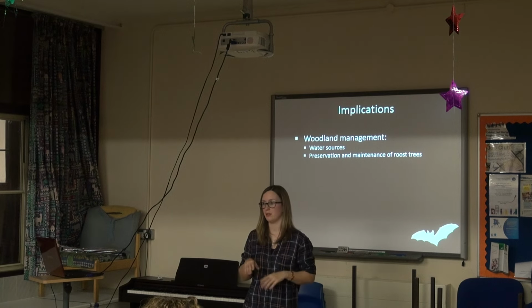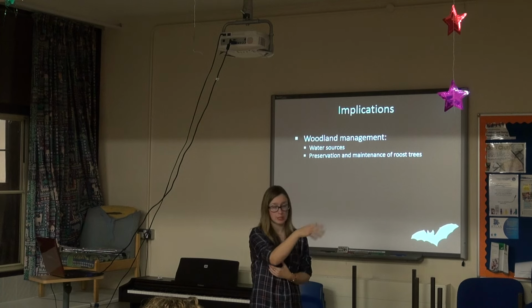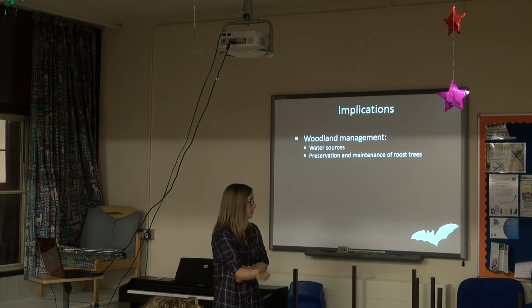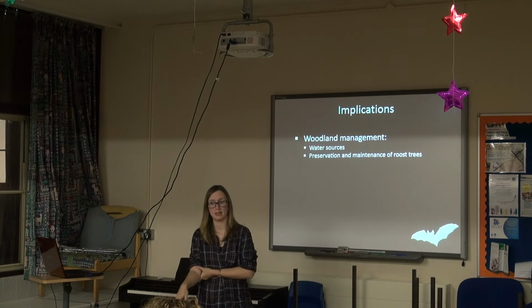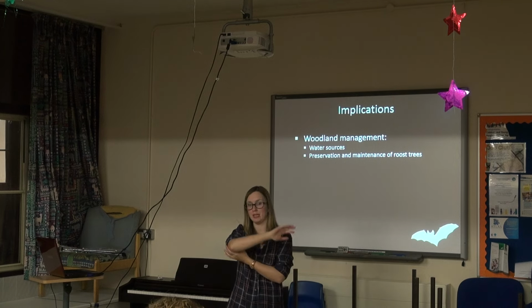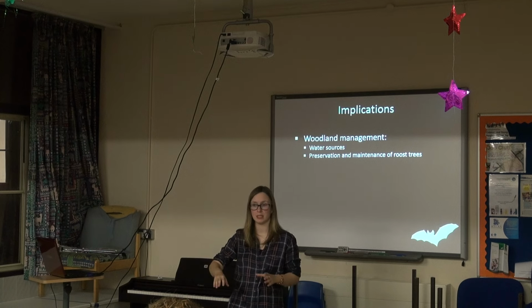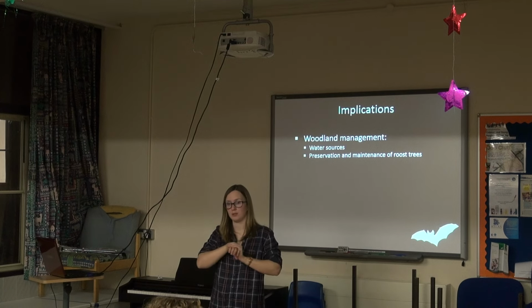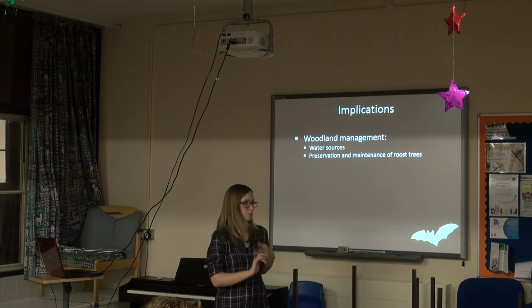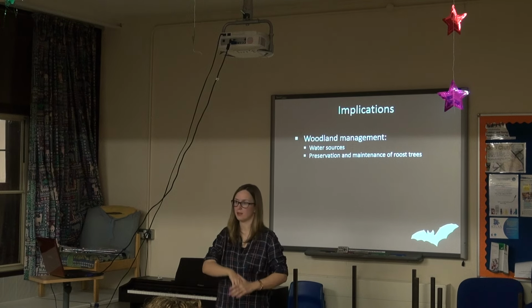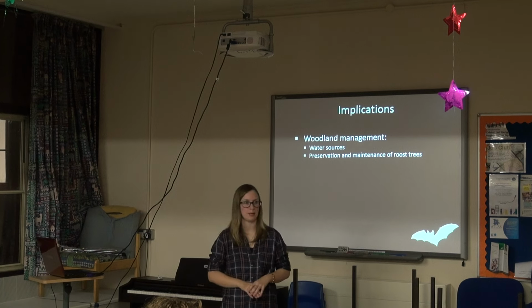So there is some kind of inter-annual fidelity, and also species fidelity, certain species using certain trees. So it is important that we don't just go and log them down, or change the immediate habitat in the vicinity of those trees by doing some heavy coppicing suddenly or something like that. So it's important to try and protect those known roost trees and be a bit sensitive to their management around it, perhaps.